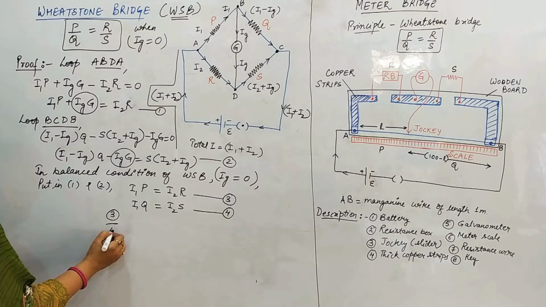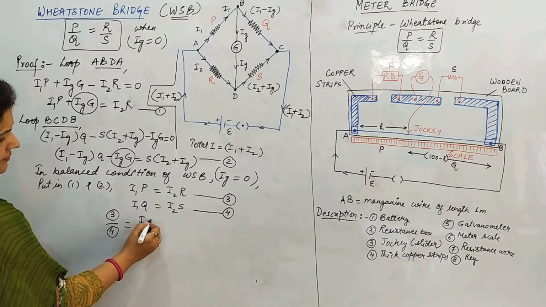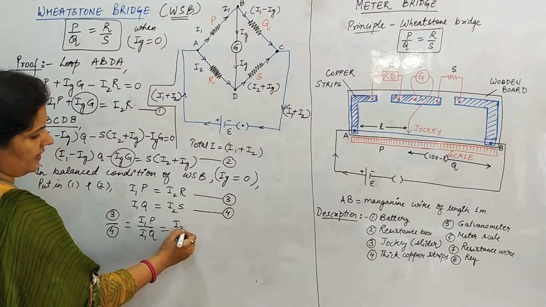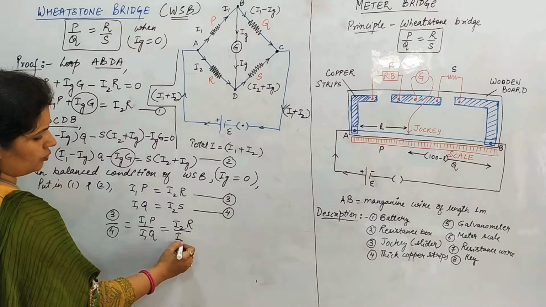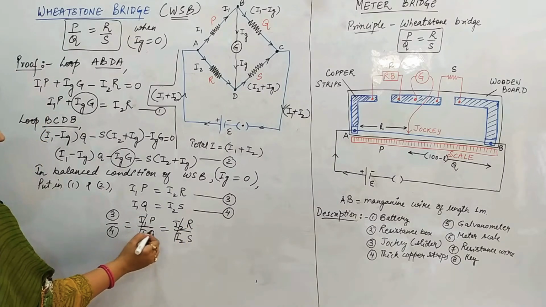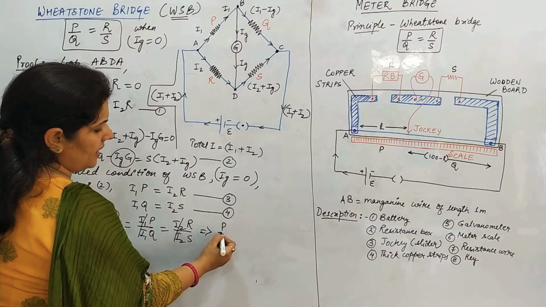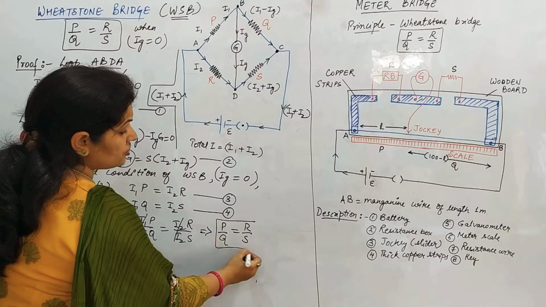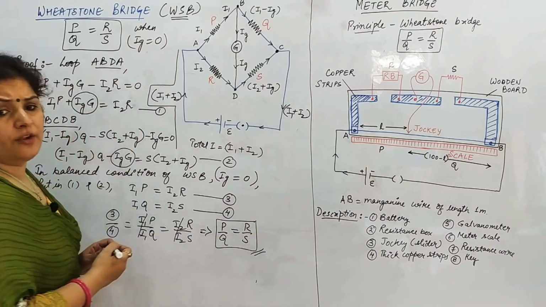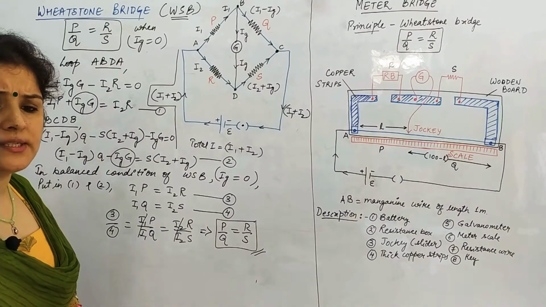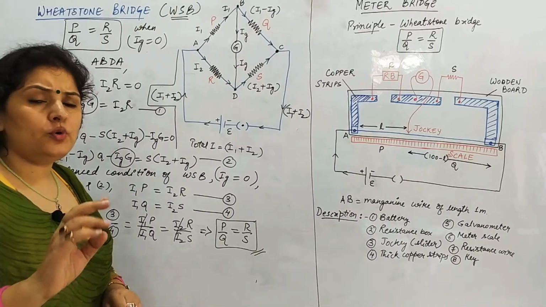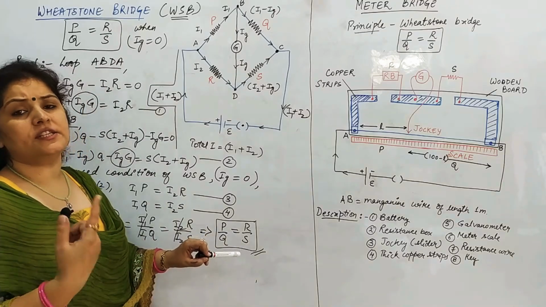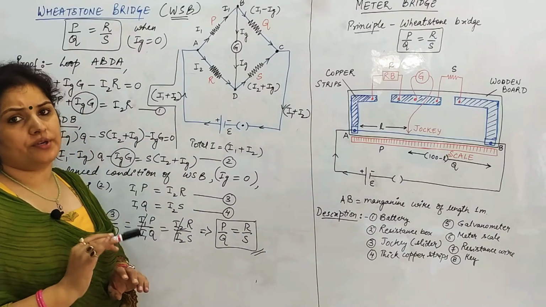Dividing 3 by 4: I1P upon I1Q is equal to I2R upon I2S. Cancelled. What remains? P upon Q is equal to R upon S. Out of these four resistances, if you know any three resistances, then using the known resistances you can calculate the unknown resistance.